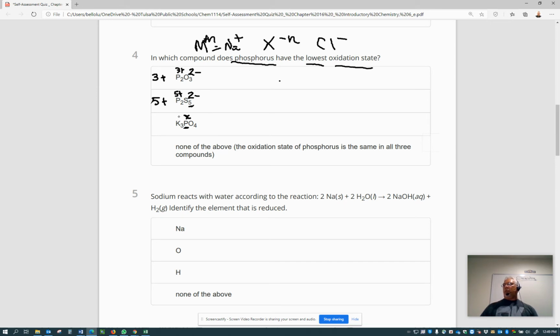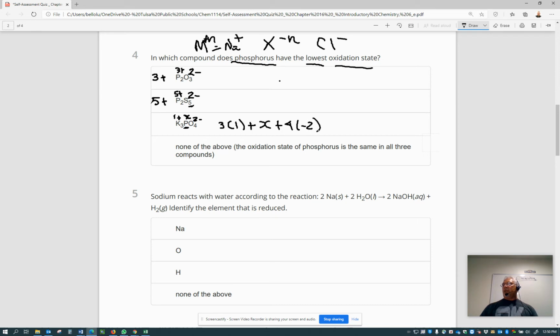Here is the thing: I know that potassium is in group 1, so that will be 1 positive, and oxygen in an oxide will be 2 negative. So I will make an algebraic equation like this: 3 times 1 positive plus X, we have only one phosphorus so we don't multiply by any subscript here, plus 4 times negative 2, and that will equal 0. Why equal 0? Because this is a neutral molecule.